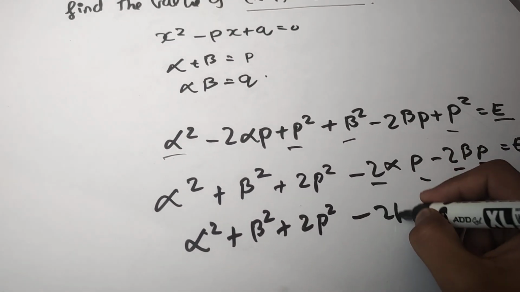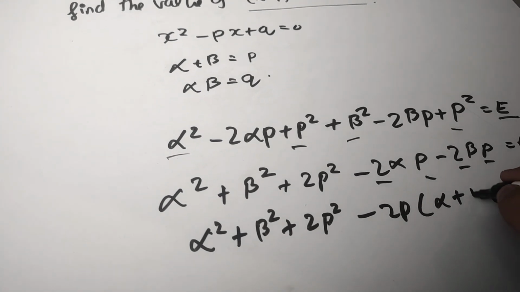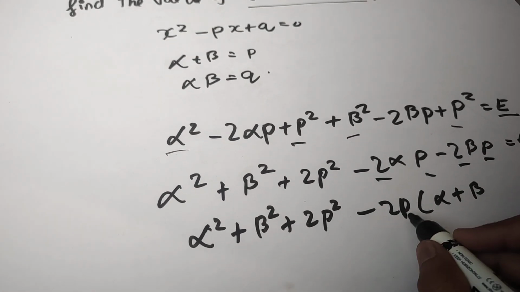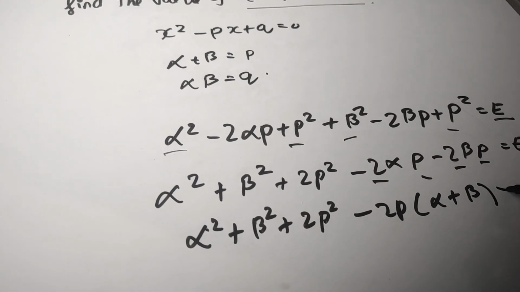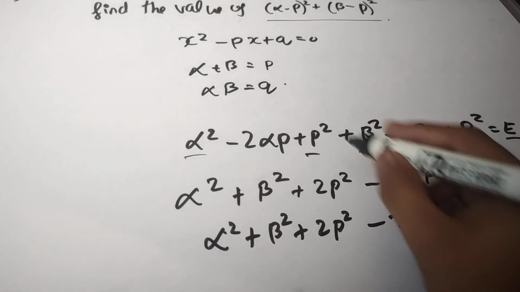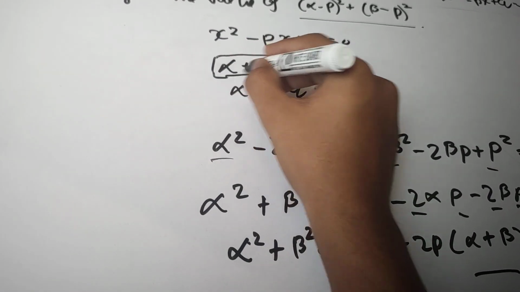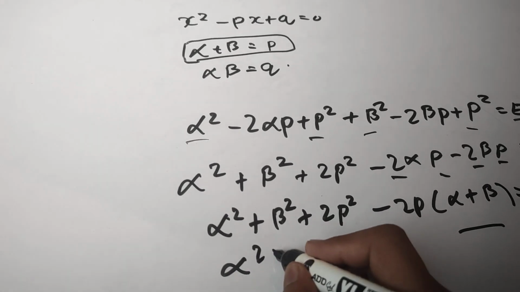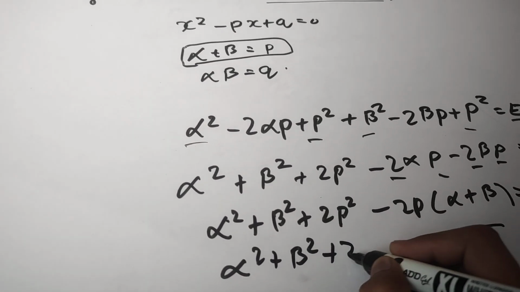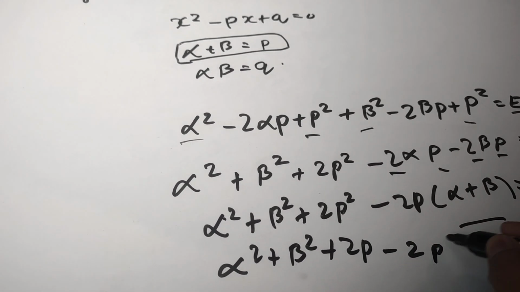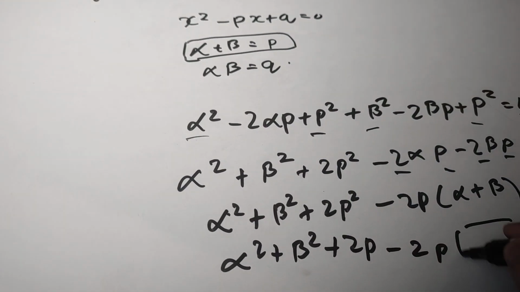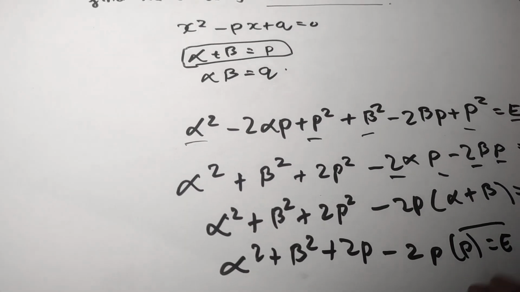So 2p is common, alpha plus beta, and then we get e. We have the value of alpha plus beta as p, so alpha square plus beta square plus 2p square minus 2p into p is equal to e.